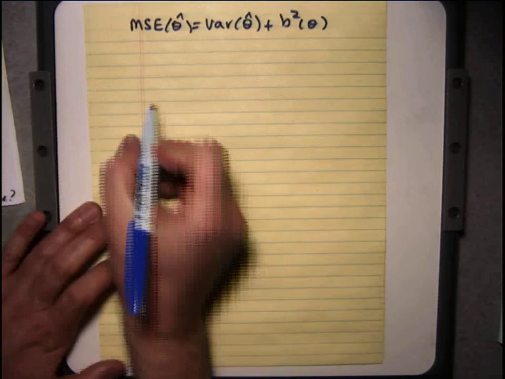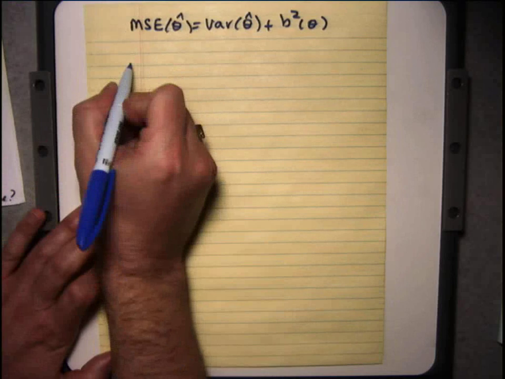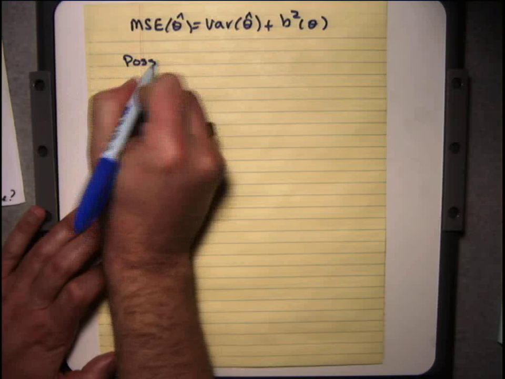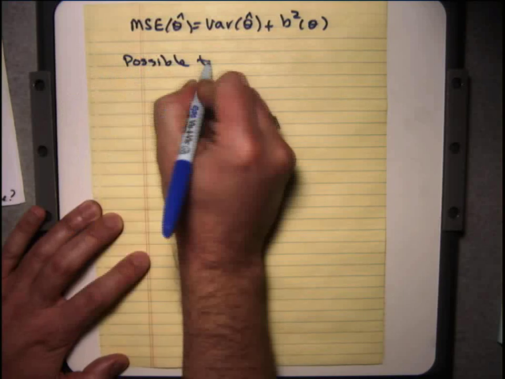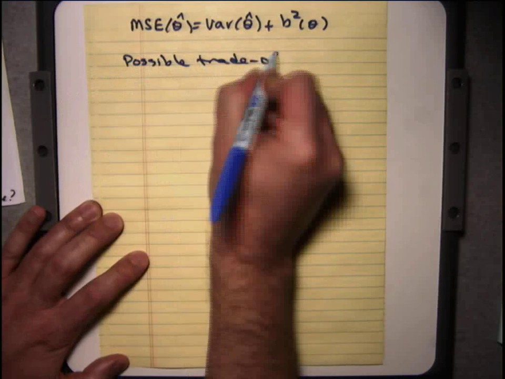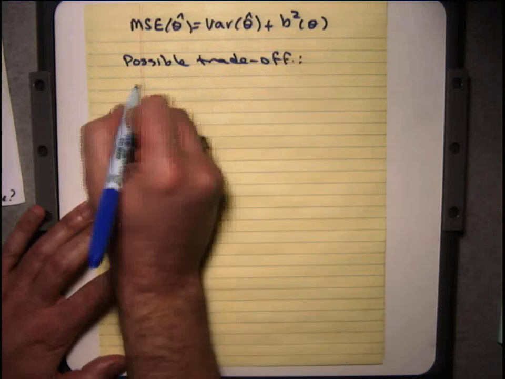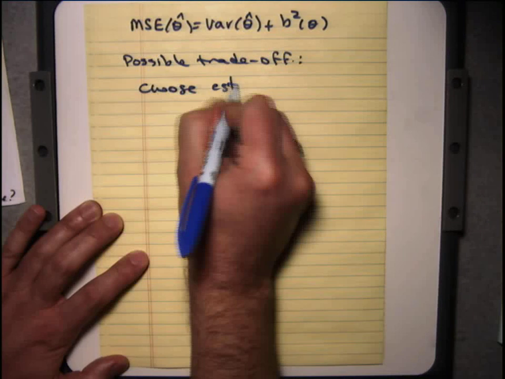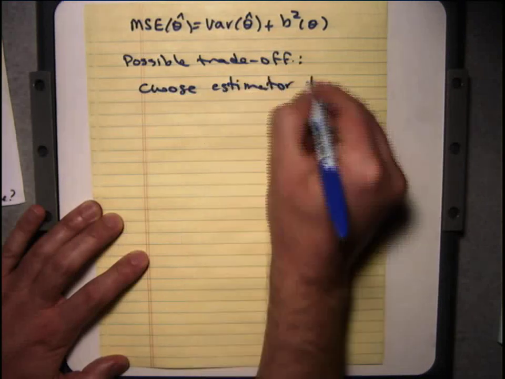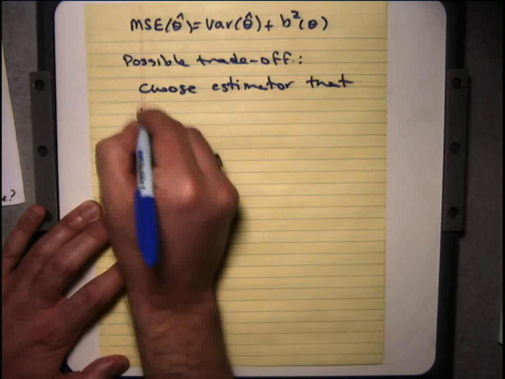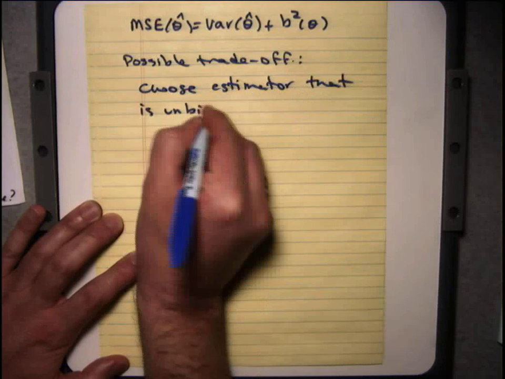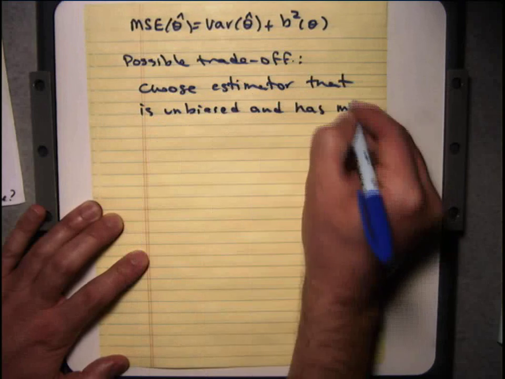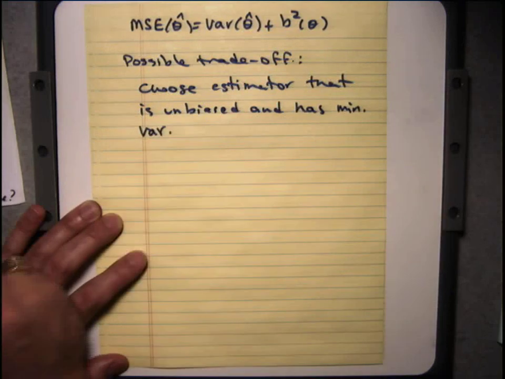All right, so let's see what compromises we might take. A possible trade-off might be to choose an estimator that is unbiased and has minimum variance.